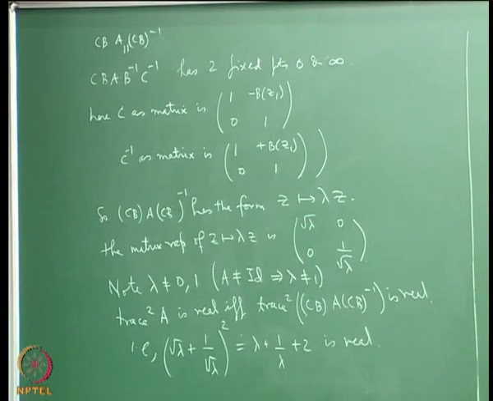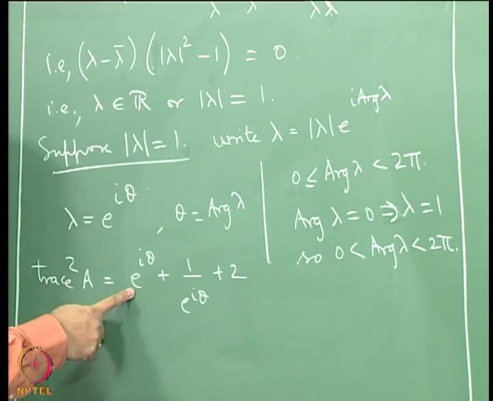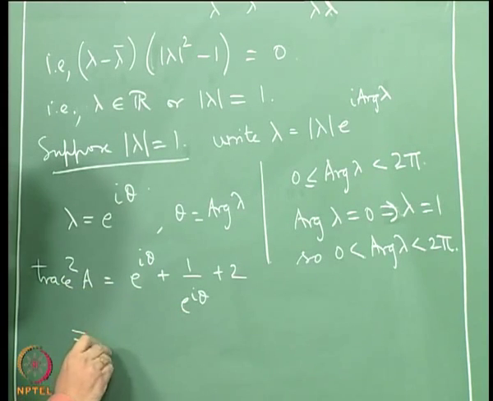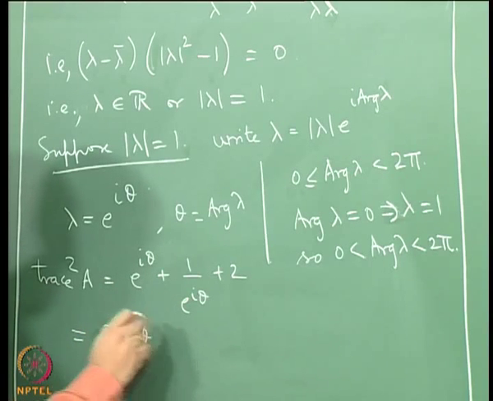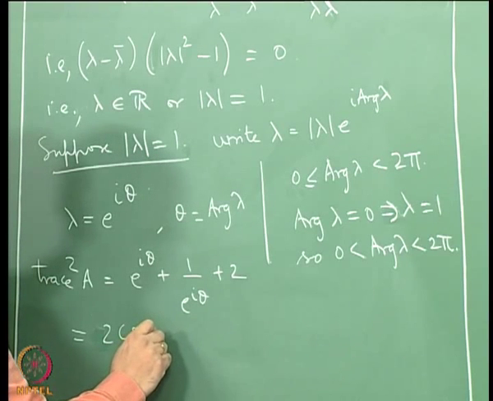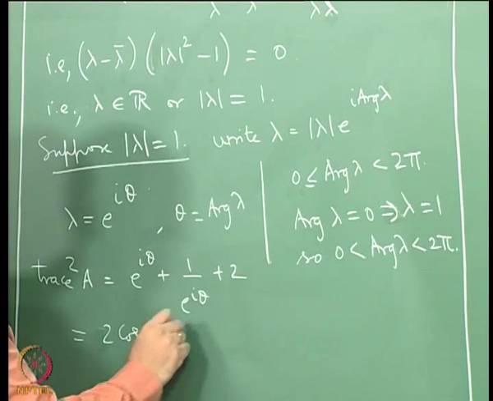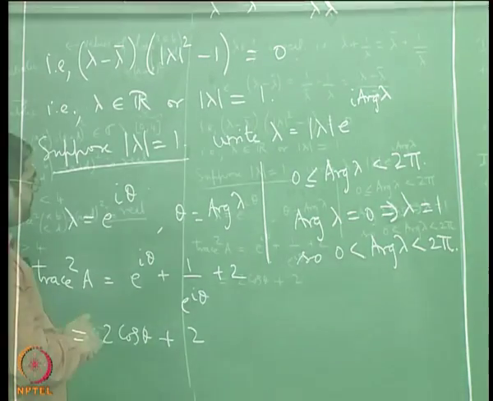By de Moivre's formula, this is cos theta plus i sin theta, and this is cos theta minus i sin theta, so I will get 2 cos theta minus 2 plus 2.